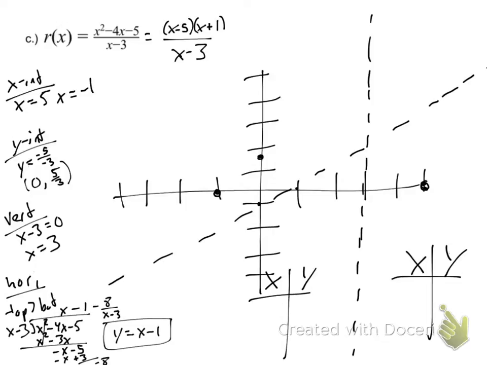So we know points at -1, 0, 0, 5/3. Pick a point at like 2. Pick a point at 4, 5, 0. What's going on here? What happens at 2?